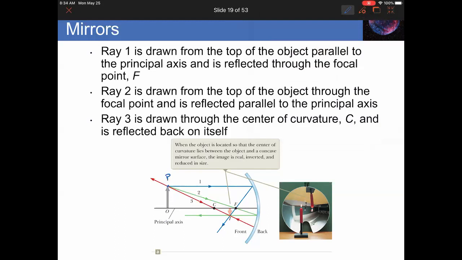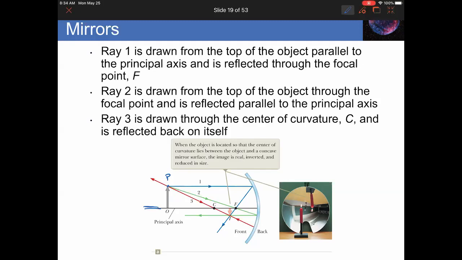And then starting from that position, we draw this ray 1, which is always parallel to the principal axis. You can see that this is the principal axis over here. The principal axis goes through the middle of the mirrors, or the middle of the lenses later on.